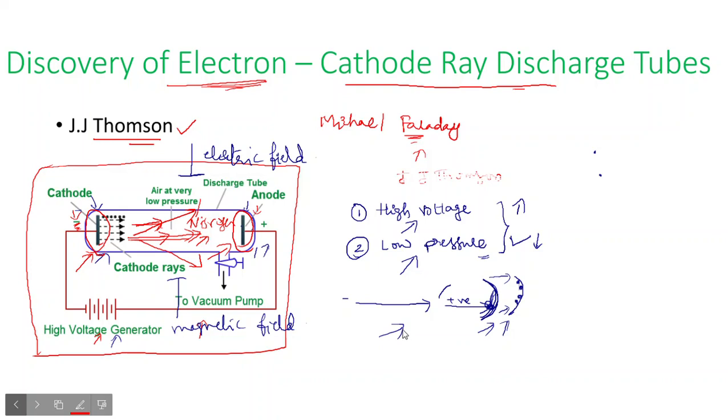And if you take oxygen gas, these rays behave in the same manner. No matter what gas you take, these rays behave the same. That's the reason why these rays don't depend on the nature of the gas, and also on the material of electrodes.